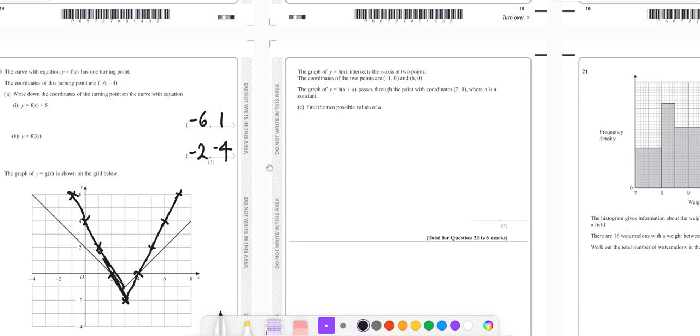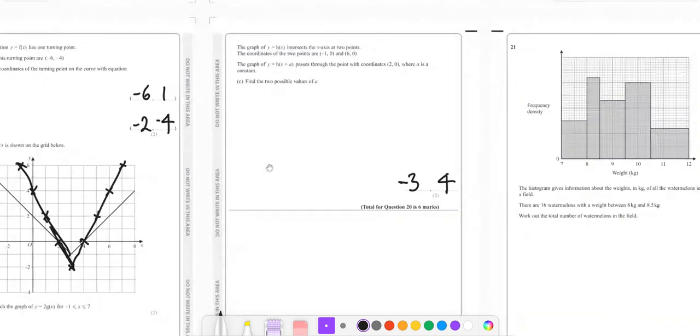So we're either moving it 3 to the right, or we're moving it 4 to the left. So 3 to the right will give me -3, and 4 to the left will give me 4. So our two different values are -3 and 4.